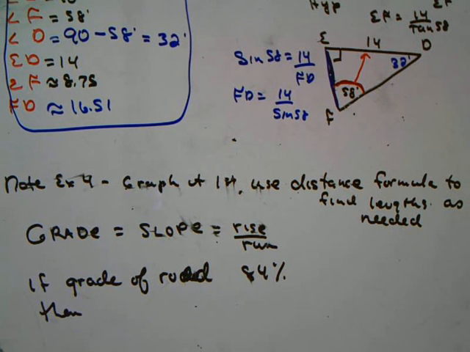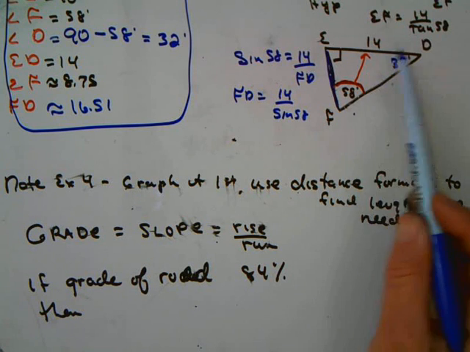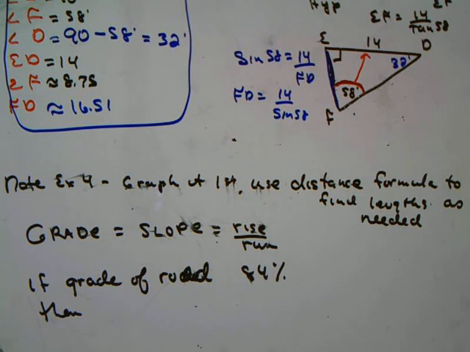You'll be fine. Now the last thing I want to talk about for a minute is example 4, which is solving triangles on the coordinate plane. All you have to do is graph the three points, connect them into a triangle, and then use the distance formula, or if it's a horizontal or vertical line, just count to find any length you need.